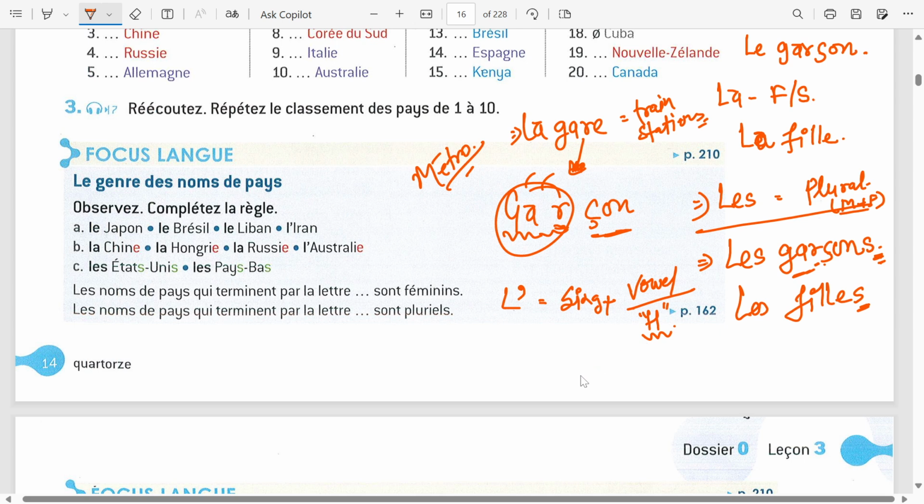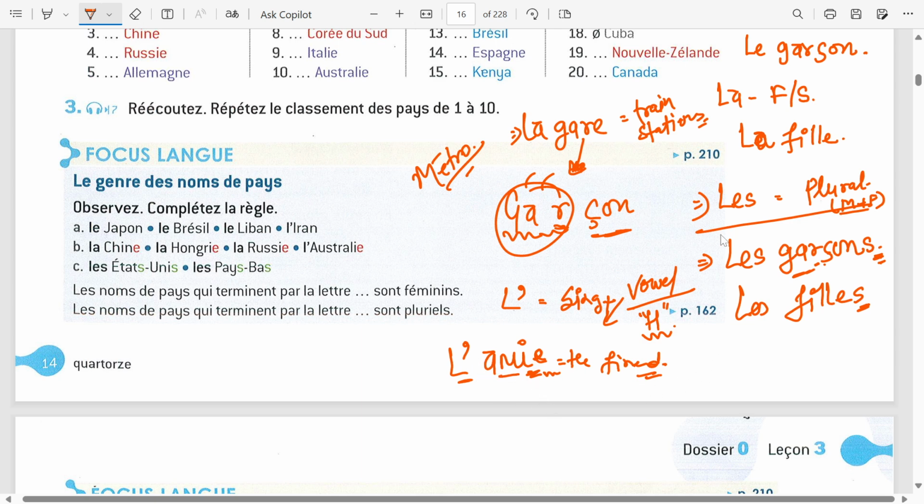So let's see some examples with vowels. If I write L apostrophe and a vowel word like ami, which means friend, l'ami is basically the friend, and it's perfect with this word. I don't need to know the gender. It can be masculine, and if I add one extra e, it becomes a female friend. So both are correct in this case.